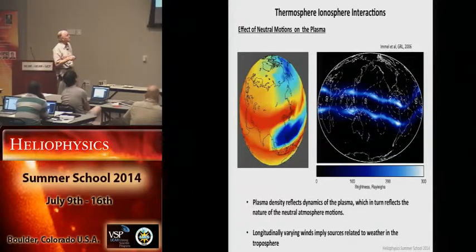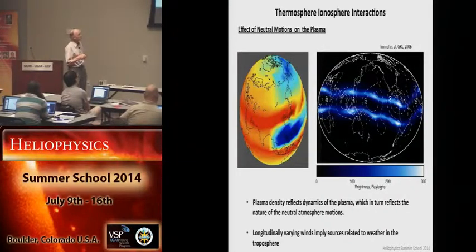One interesting feature from this, just because there's at least one person here who's dealing with climate, there's some very interesting variations in the density, the change in longitude, that coincide with boundaries between the continents and the oceans.